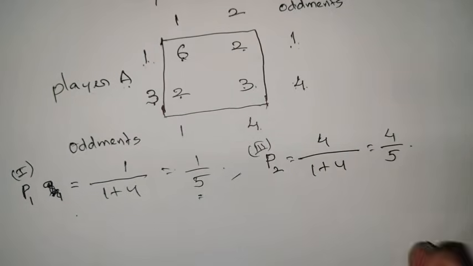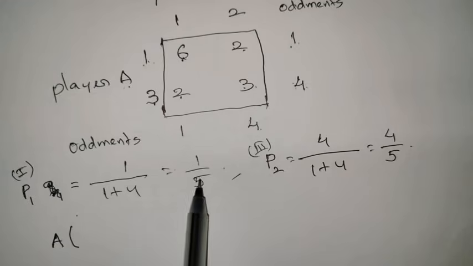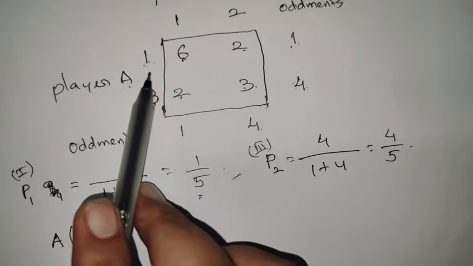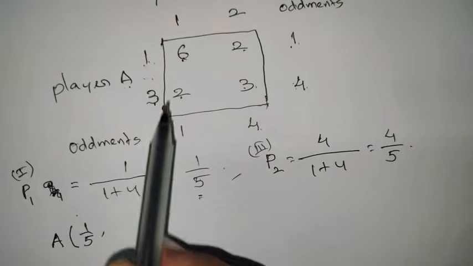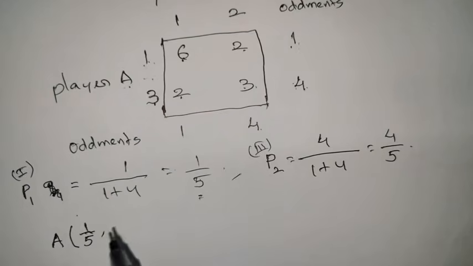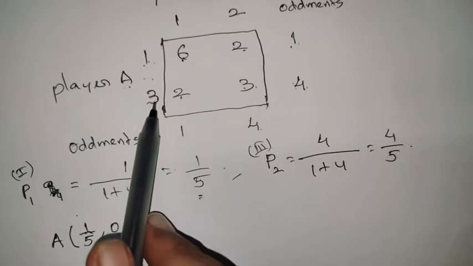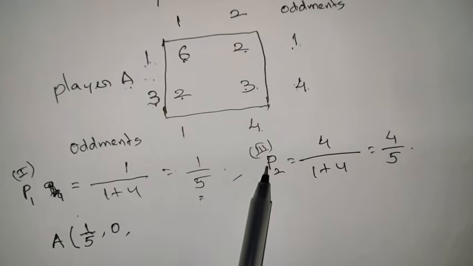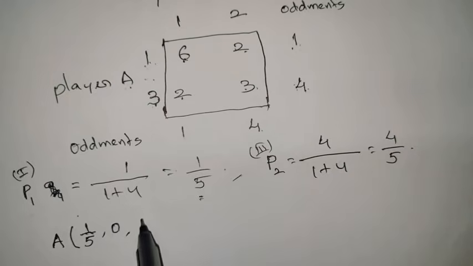So now write the overall for player A. Probability of selecting the first strategy is 1 by 5. Probability of selecting the second strategy: is the second strategy there in the 2 by 2? No. So we are not at all utilizing the second strategy, so we are writing it as 0. Comma. Probability of selecting the third strategy is nothing but 4 by 5.